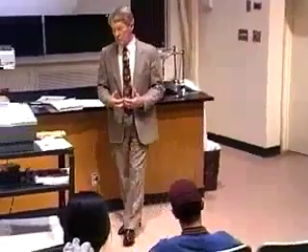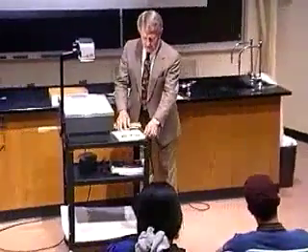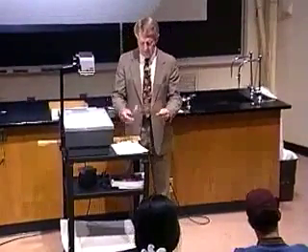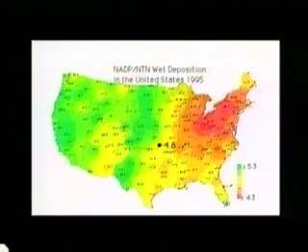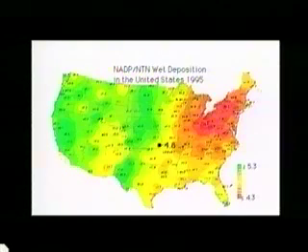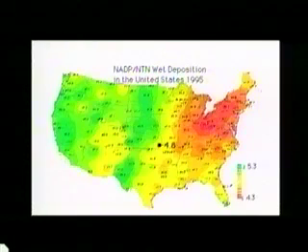more acidic than normal. I did happen to find a graph of the acid rain in the United States, just to reiterate a little bit as to the high areas of the country as far as acid rain is concerned.